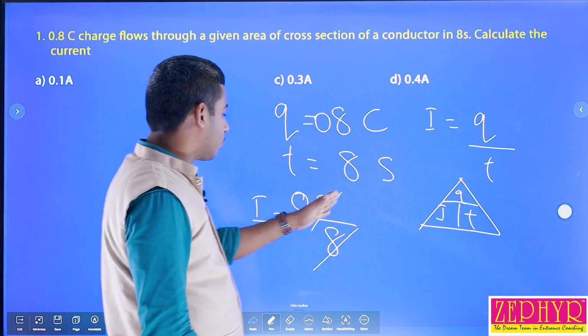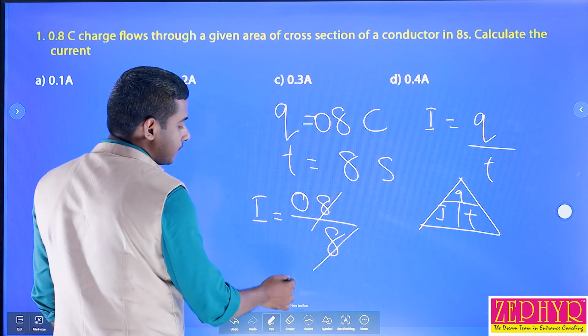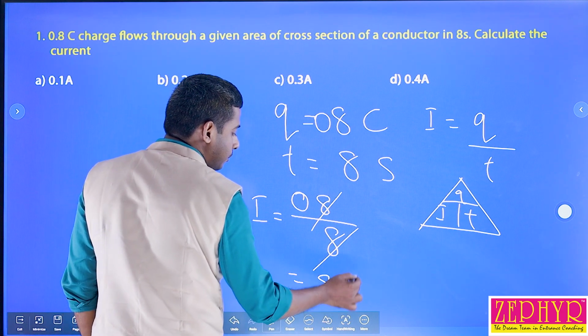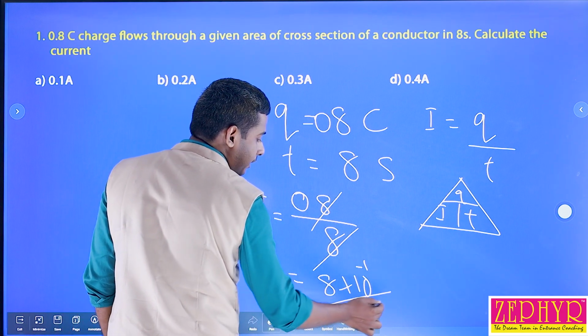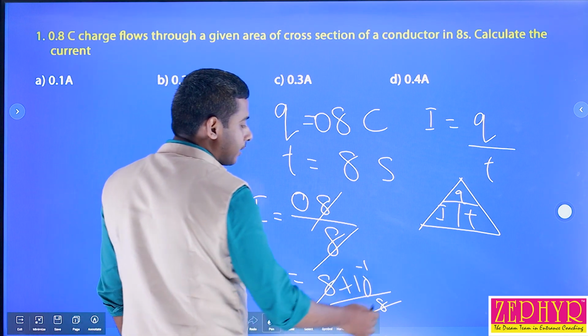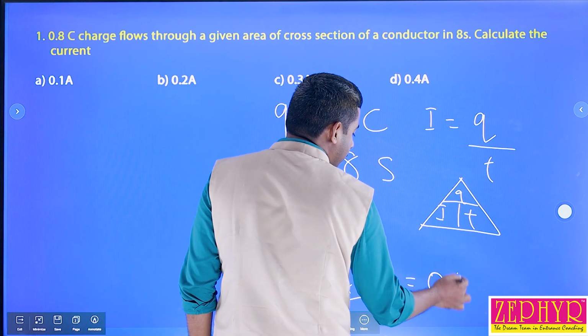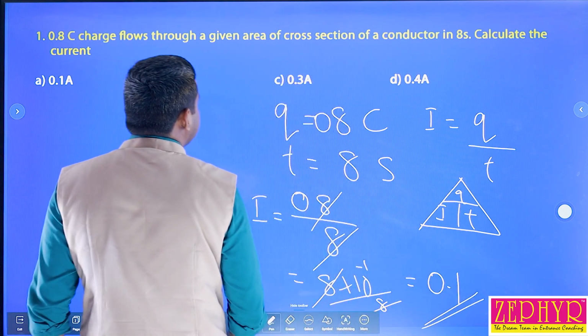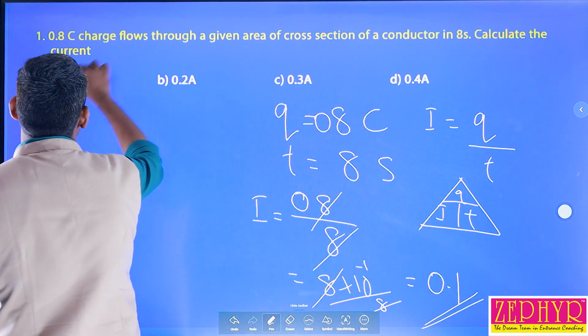So I equal to 0.8 by 8, that means we can write 8 into 10 raised to minus 1 divided by 8, 8 will get cancelled, so that becomes 10 raised to minus 1 or 0.1. Our answer is 0.1 ampere.